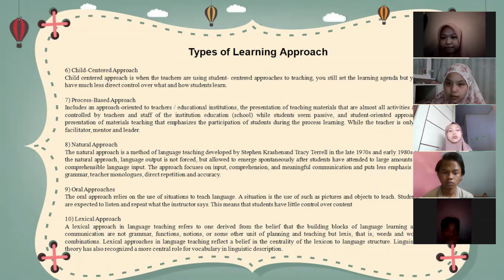The oral approach relies on the use of situations to teach language. A situation is the use of things such as pictures and objects to teach. Students are expected to listen and repeat what the instructor says. This means that students have little control over content.